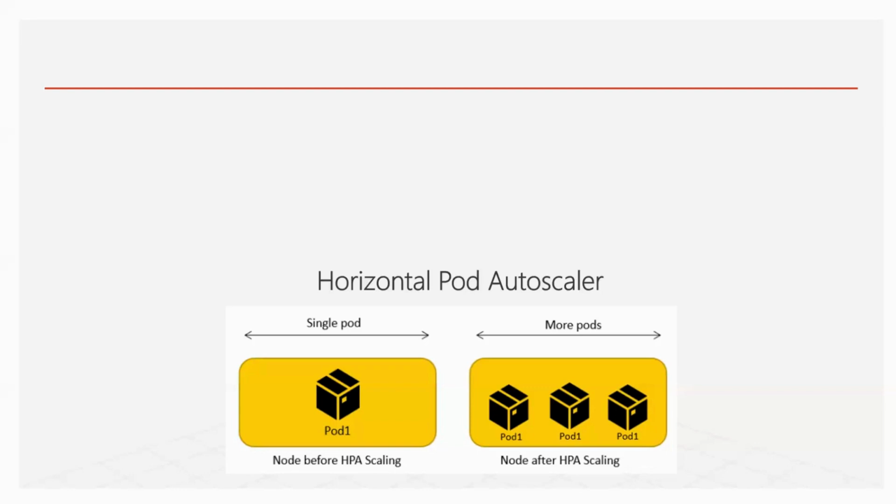Based on that, it changes the number of replicas. It keeps checking your pod utilization: how much memory is being used, how much CPU is being used, whatever metrics you have given, it keeps monitoring that. If the threshold is met, the HPA takes action.